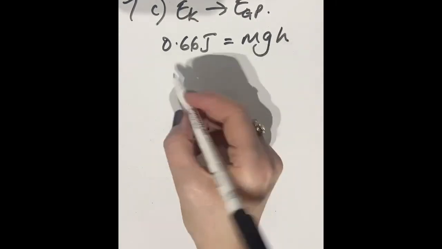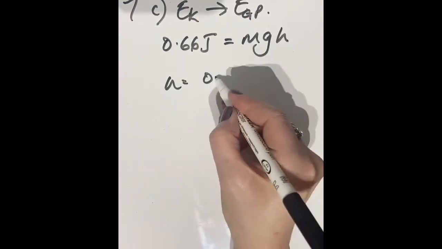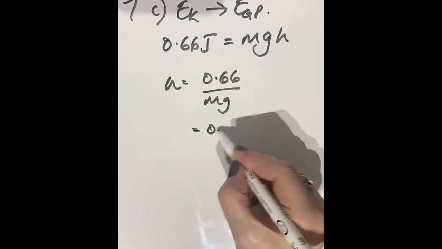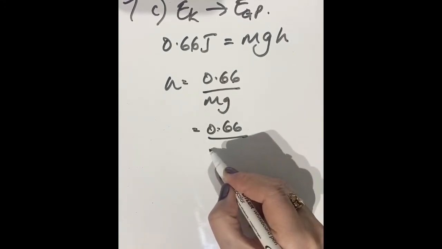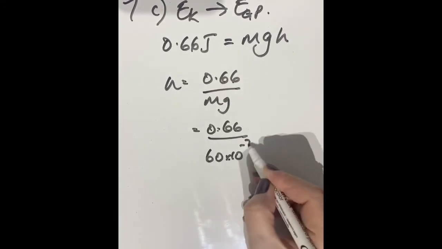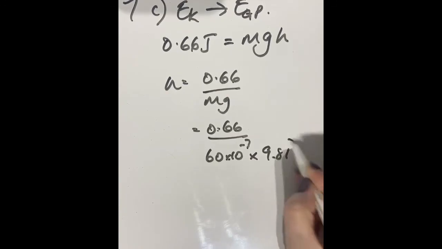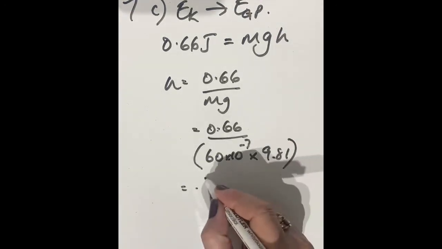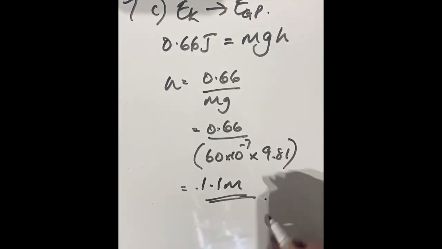So now we can rearrange that to give us h equals 0.66 over mg, which is 60 times 10 to the minus 3 times 9.81, and that should calculate 1.1 meter. Okay.